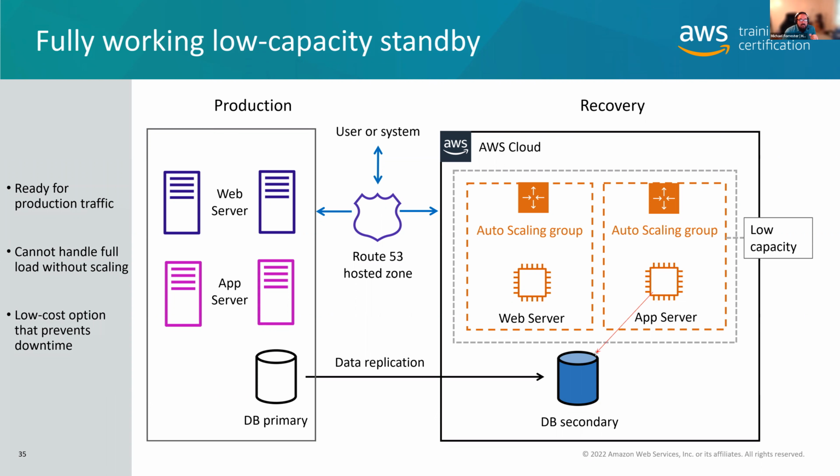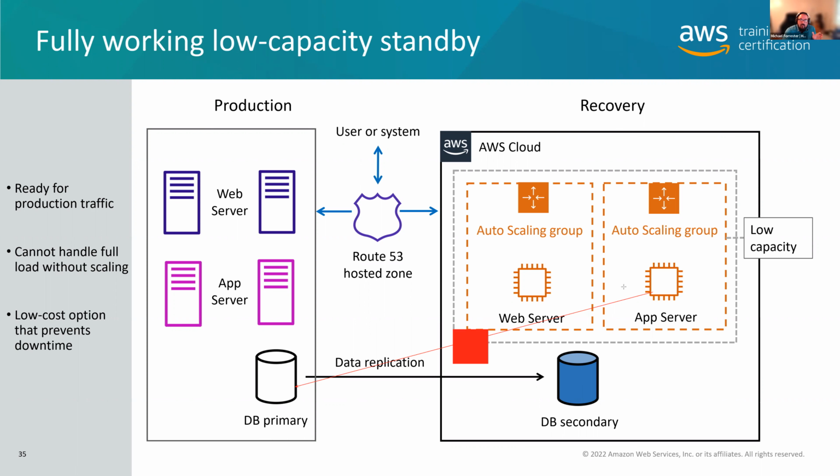Probably not talking to this guy if it's active passive. It's probably having to go all the way back to the primary system. But that is probably easily mitigated either by putting a caching server here, or some of the standbys can be put into a read mode if you want to. But writes are still going to be going back to the primary.